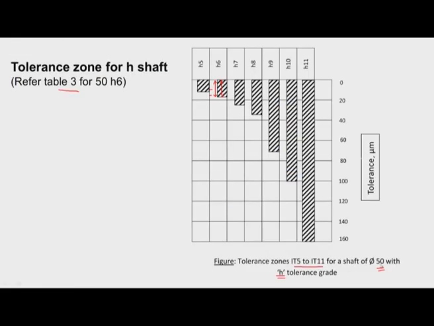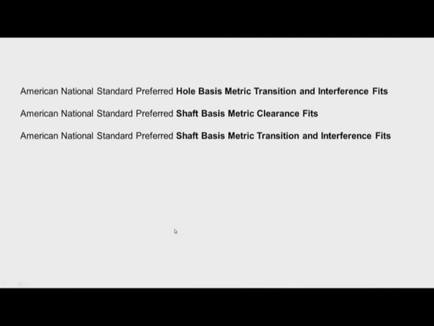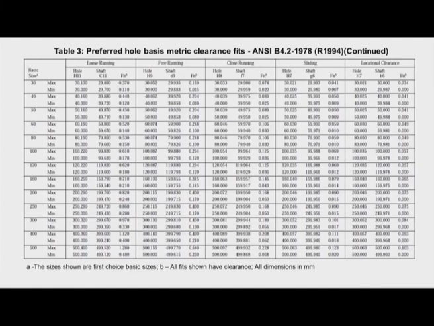H6 with 50 millimeter basic size, 50 H6. 50 is the basic size, so basic size is 50 millimeter and H6 is the tolerance grade. Yeah, we have H6 here.